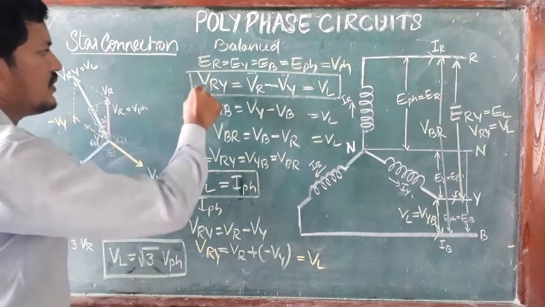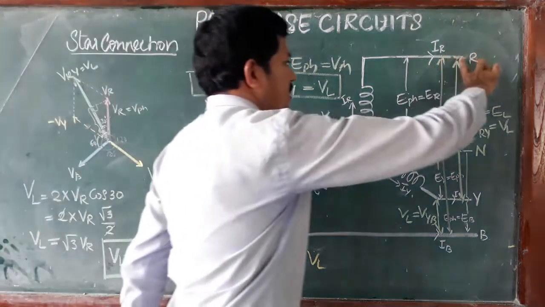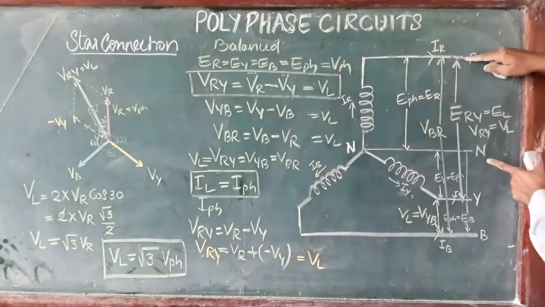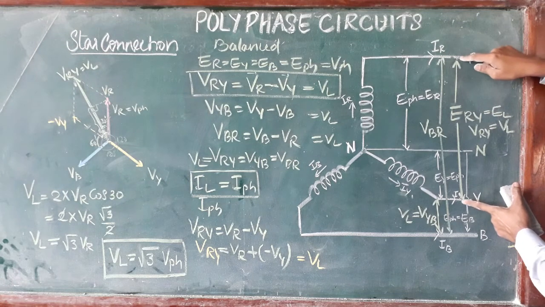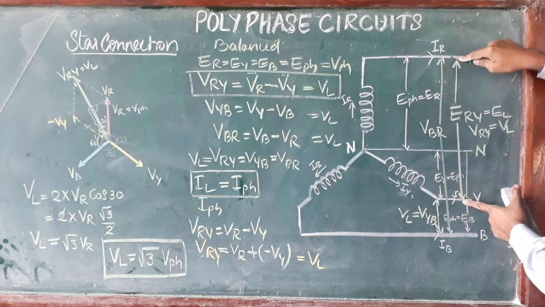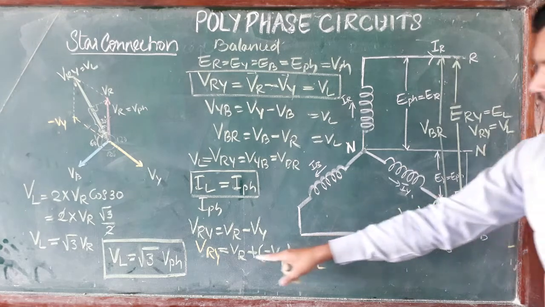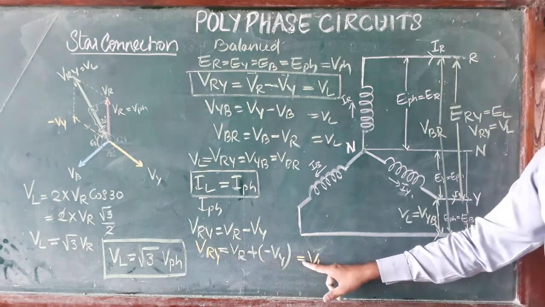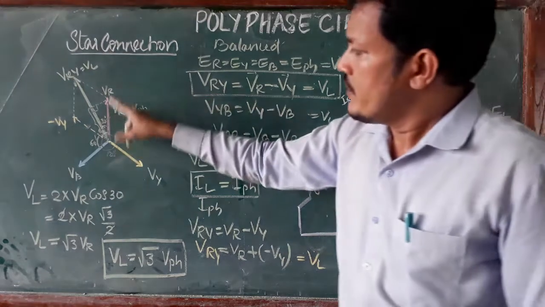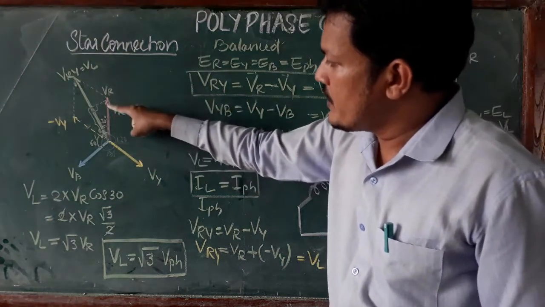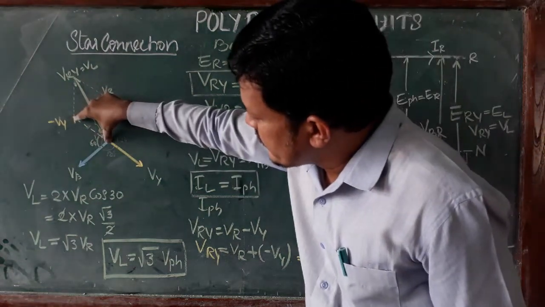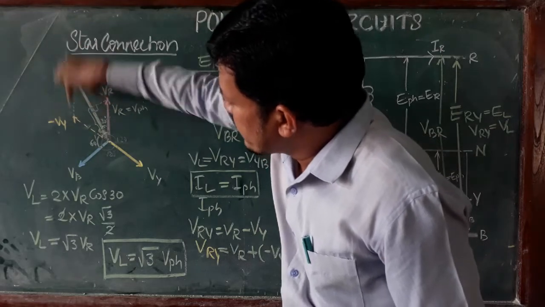In the vector diagram we started, what is VRY means we have taken R and Y voltage, VRY. So this is a vector sum of VR plus minus VY. So we taken from the vector diagram VR and minus VY, we extended here and used the parallelogram method.